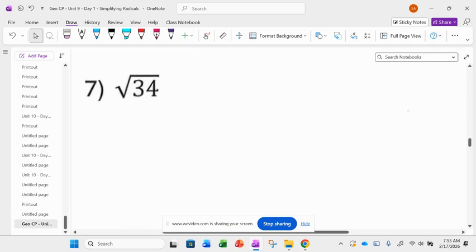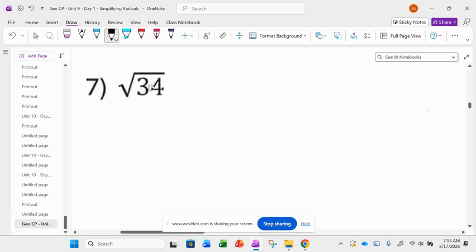Okay, 34. Do we agree 34 is an even number? Since 34 is an even number, what number has to divide evenly into 34? Anybody know? 2. So if you didn't know this, you're going to just say 34 divided by 2. 2 goes into 3 one time. 1 times 2 is 2.